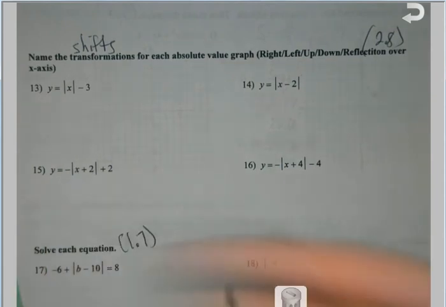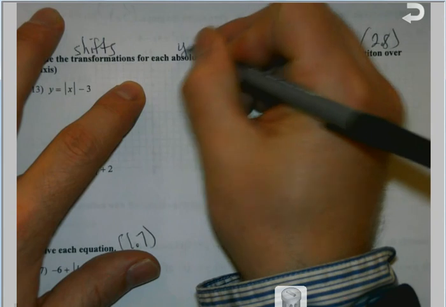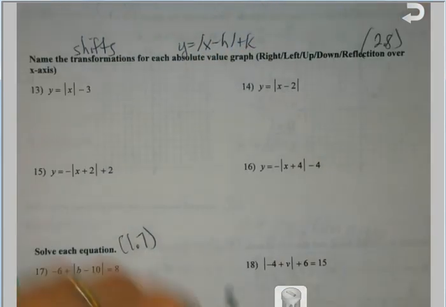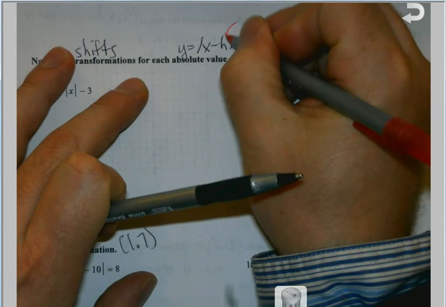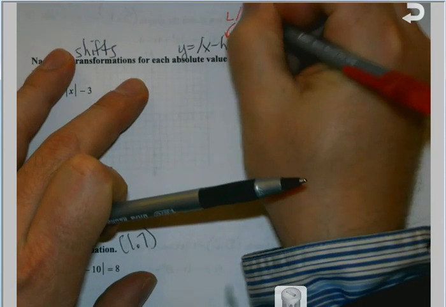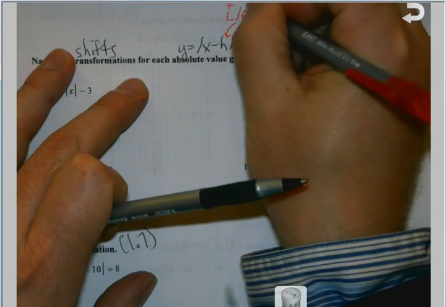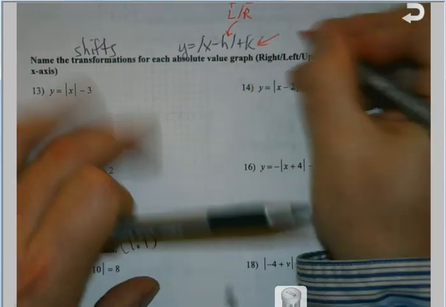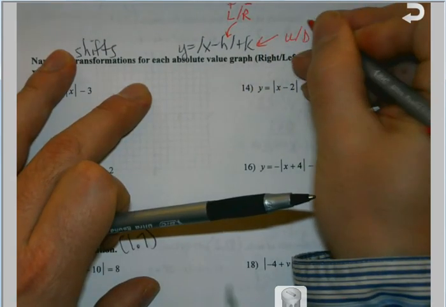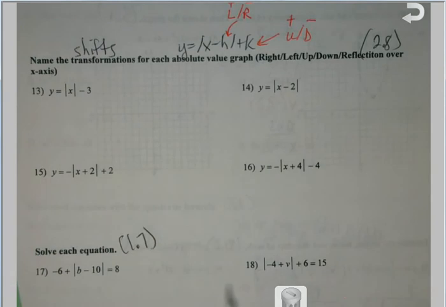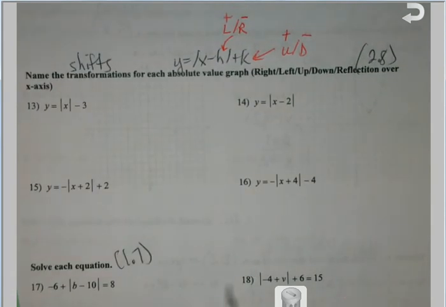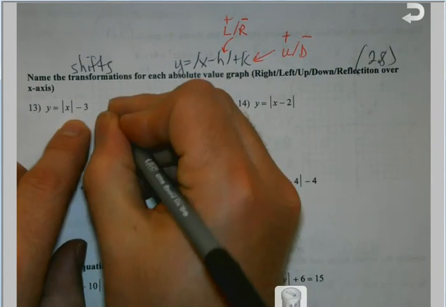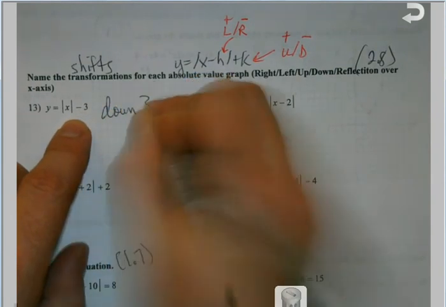When we're looking at these, this up, down, left, right thing, here's my left and my right. Going to be inside the absolute value. And my up and down are going to be outside. So I look at this and I say, okay, this is outside, it's negative. That's down 3.